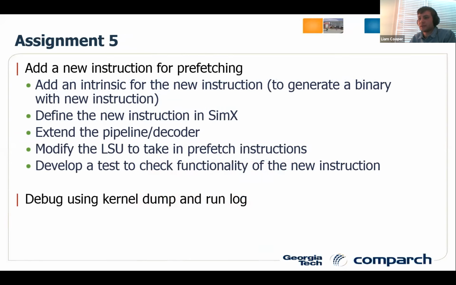The general approach is to add an intrinsic for the new instruction in order to generate a binary with the new instruction, and then define the new instruction in SimX, then extend the pipeline, namely the decoder, and modify the load store unit to take in the new prefetch instruction, and finally develop a test to check the functionality of the new instruction. You'll learn how to debug this assignment using the kernel dump and the run log.